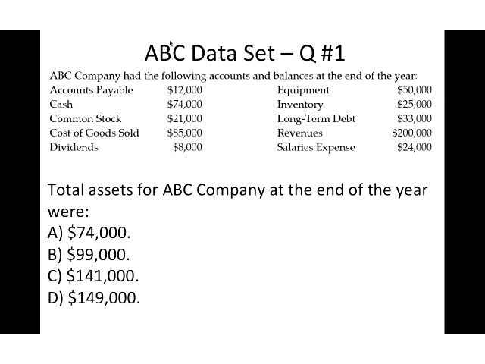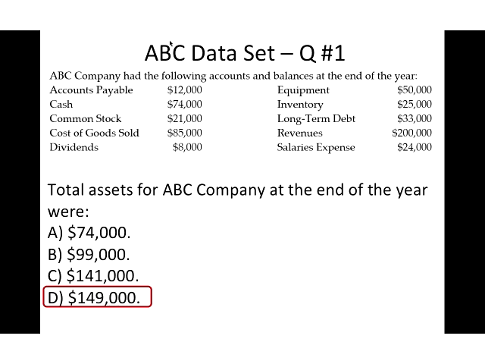Okay, hello, can everyone hear me okay? So, as Dr. Tietz was mentioning, to get the answer for this question, the answer is D. First what you're going to do, you're going to add cash for $74,000, the equipment for $50,000, and inventory for $25,000.